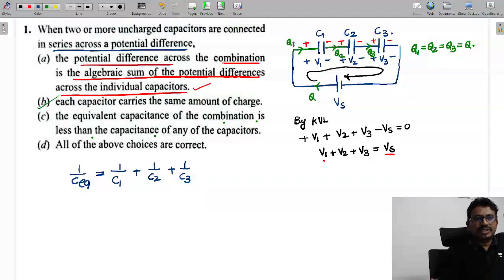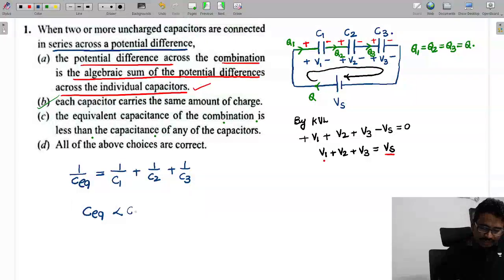So three capacitors considered. The equivalent capacitance of this combination is less than all the capacitances. It is less than the smallest value.